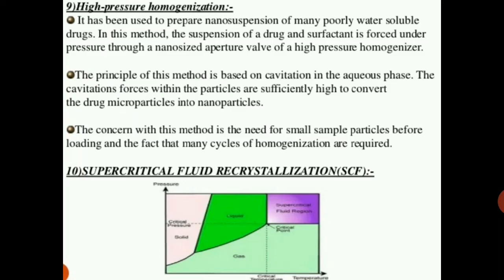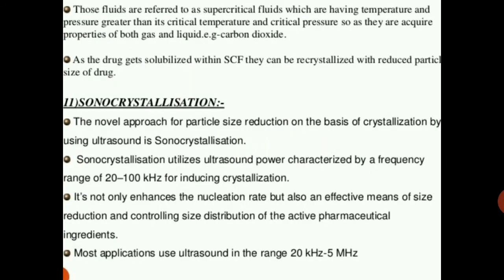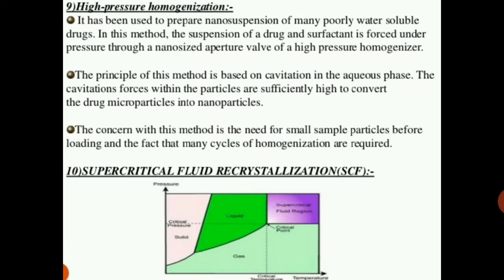Next one is high pressure homogenization. It has been used to prepare the nano suspension of many poorly water soluble drugs. In this method, the suspension of a drug and surfactant is forced under pressure through a nano sized aperture valve of a high pressure homogenizer.